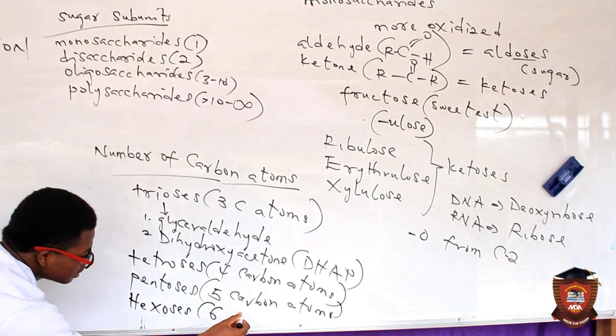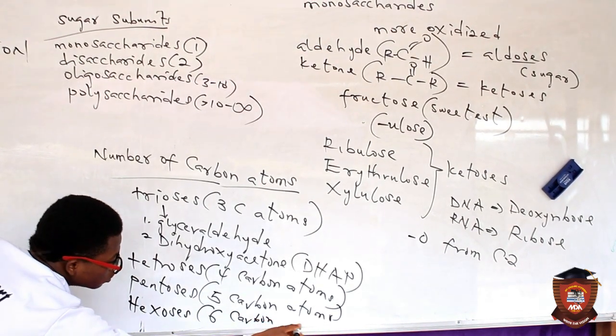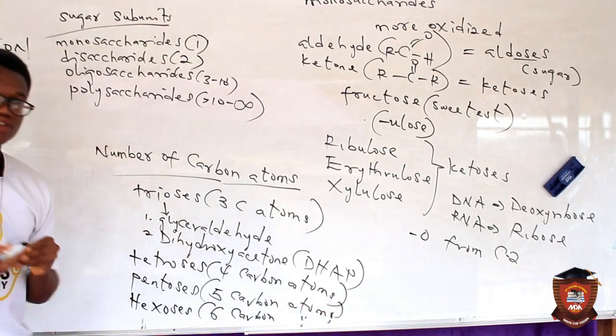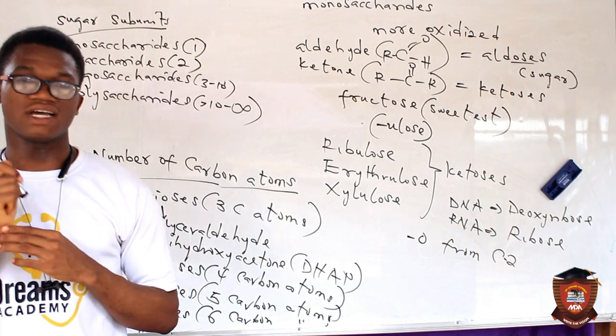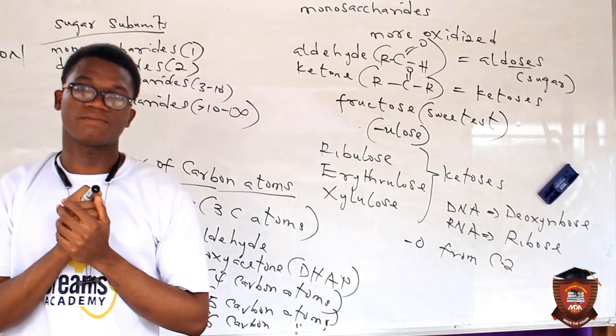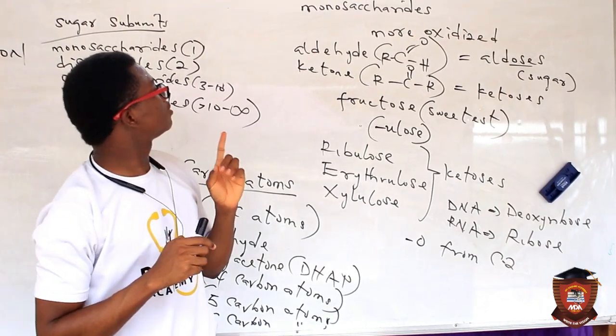and they contain 6 carbon atoms. So hexoses are monosaccharides that contain 6 carbon atoms, and the most popular examples, we have the glucose.